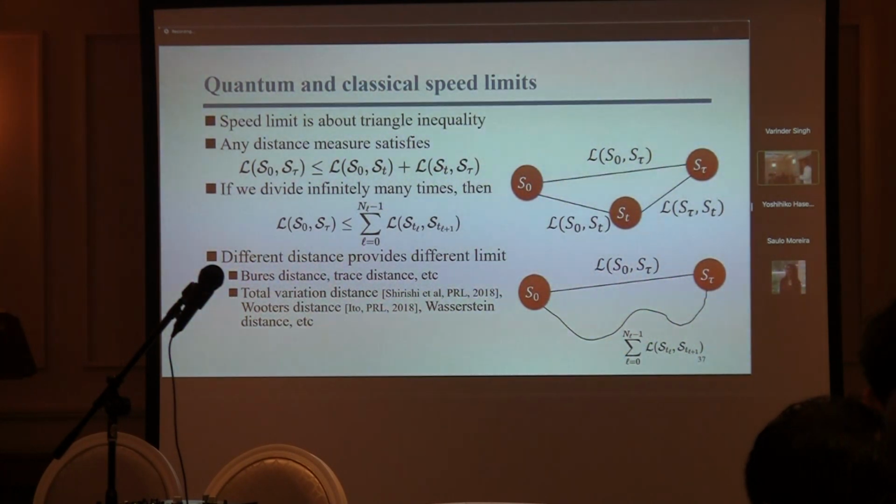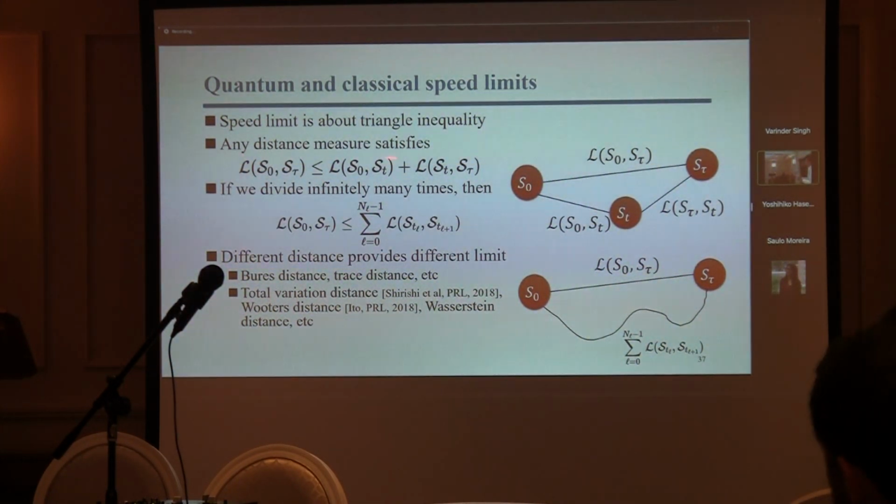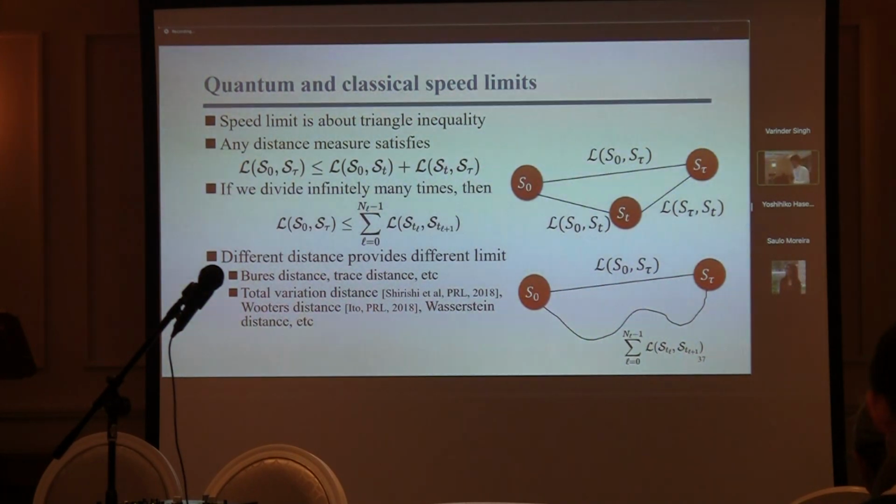Let S0 be the initial state, and S tau be the final state, and we can define an intermediate state S_t. If we define a distance, then this triangle inequality holds, because a distance measure should satisfy this kind of triangle inequality.